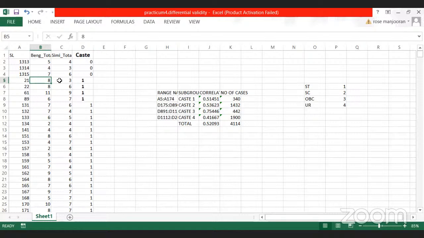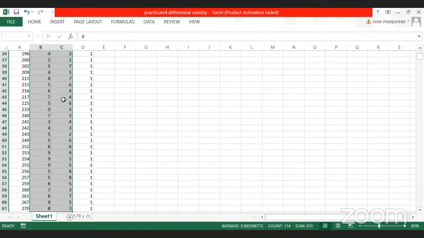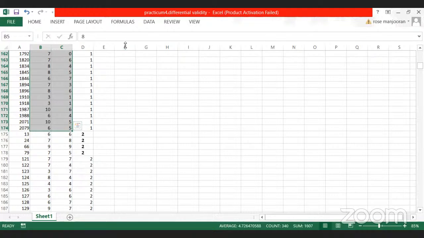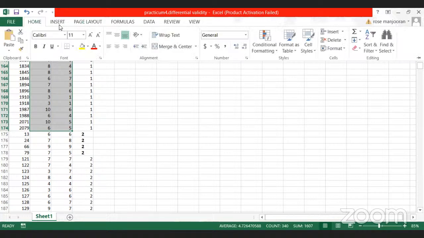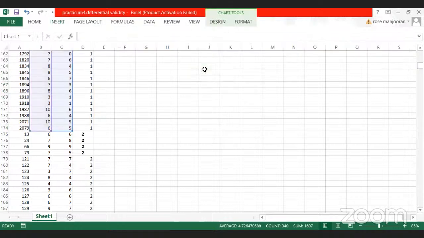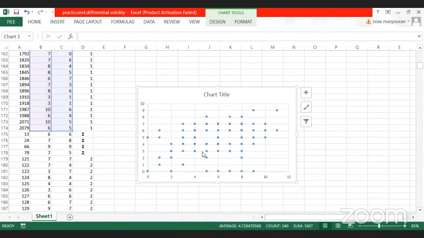First, with respect to caste 1, I will select from here till where caste 1 ends. Yes, sir. First we will go to insert, then take the scatter. You will get a chart like this.